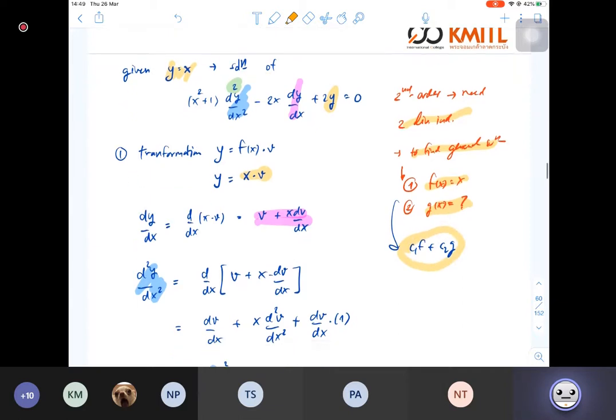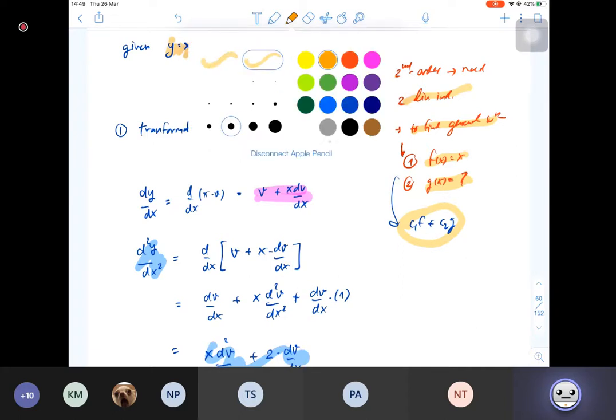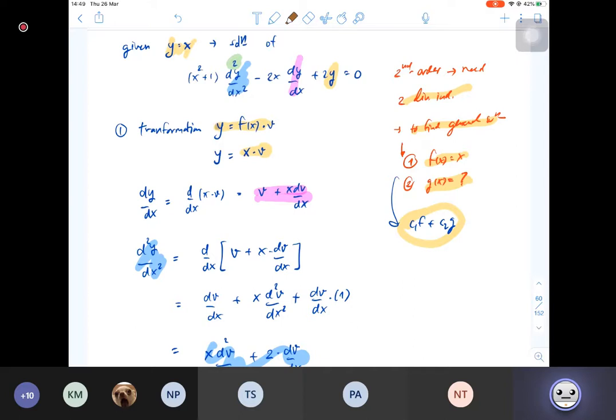To find another one, you need to use this transformation, f of x times v equal to y, and then you have to plug in for every value of y in the given differential equation.